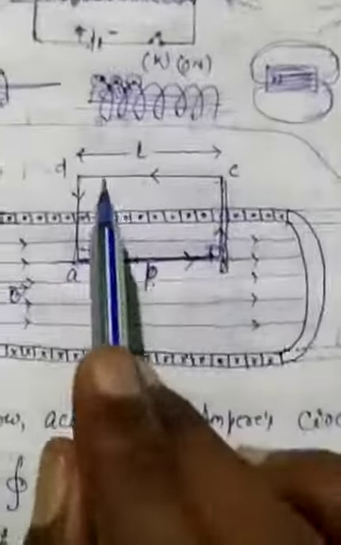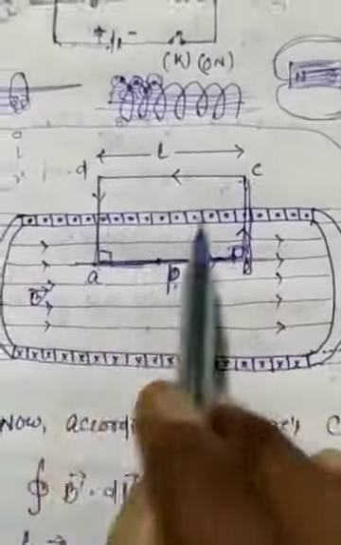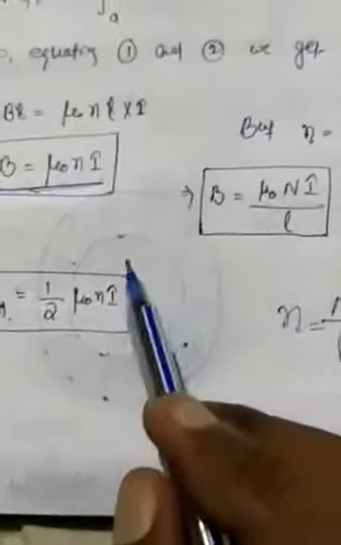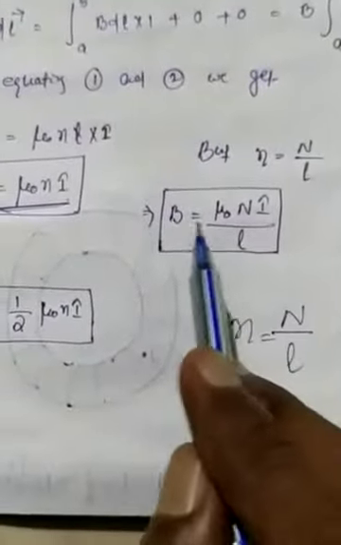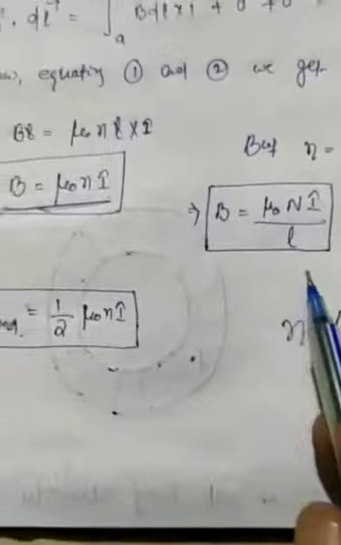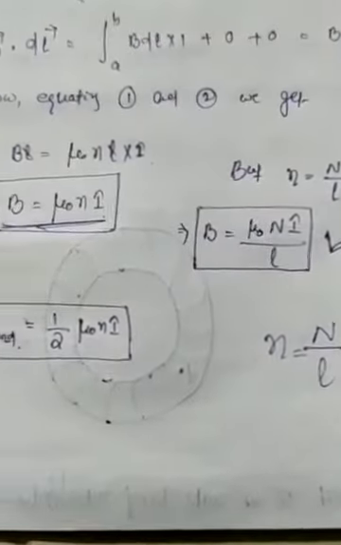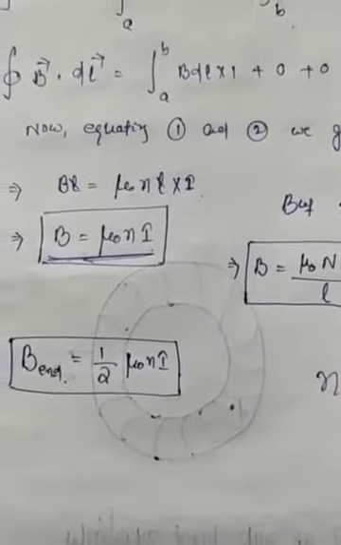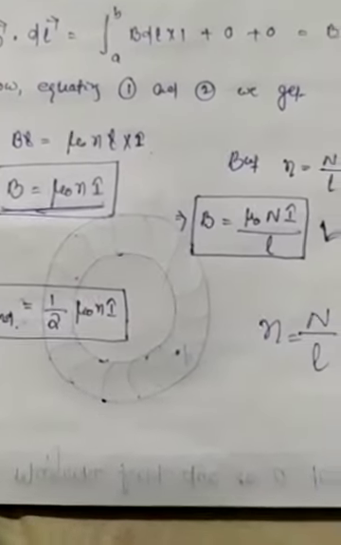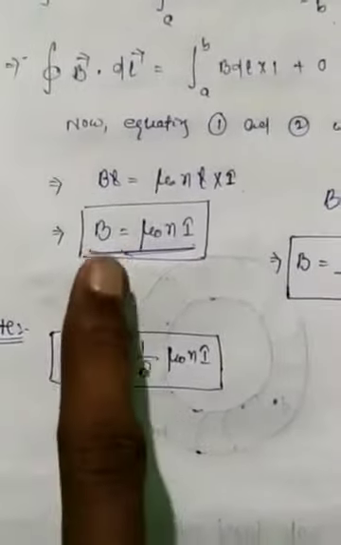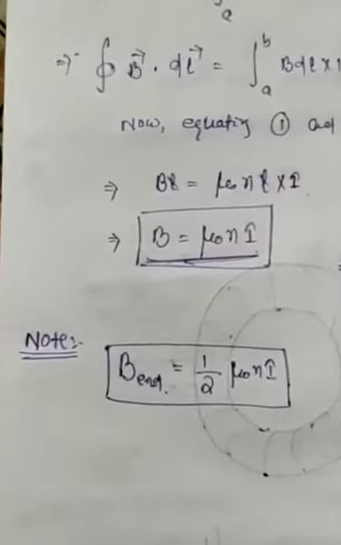So this B may also be written as mu 0 into N by L whole into I, instead of small n. This is the net magnetic induction due to a solenoid, with N the number of turns and L the length of the whole solenoid.